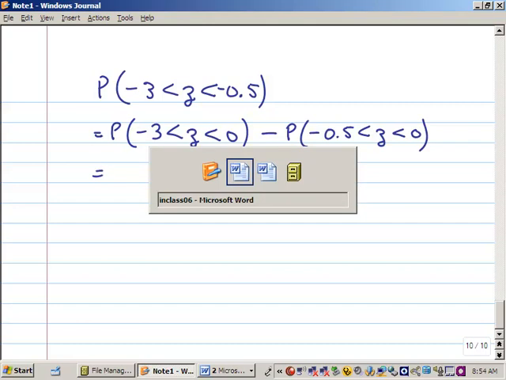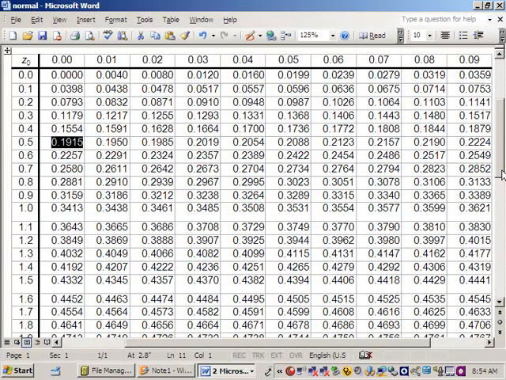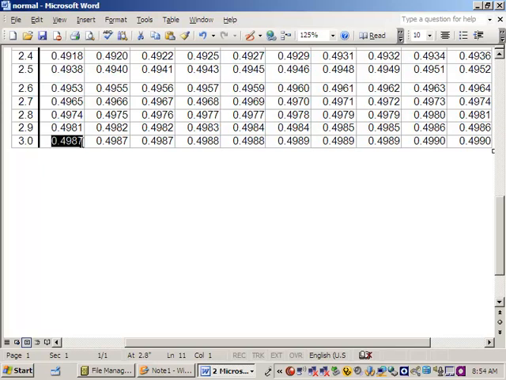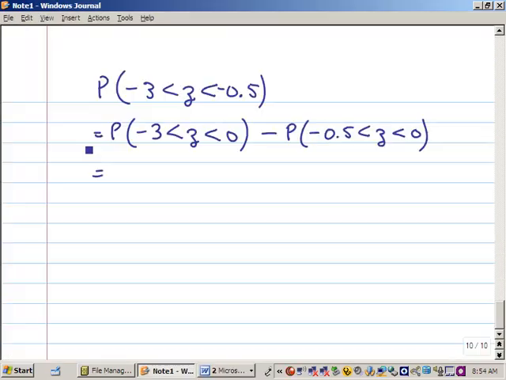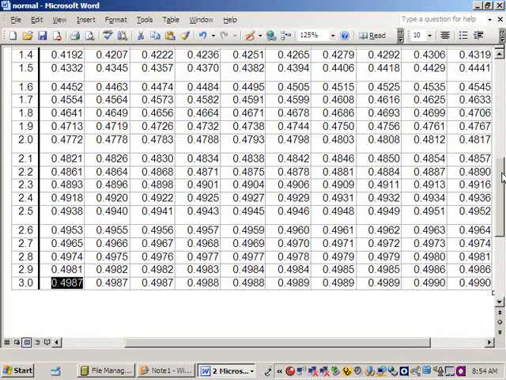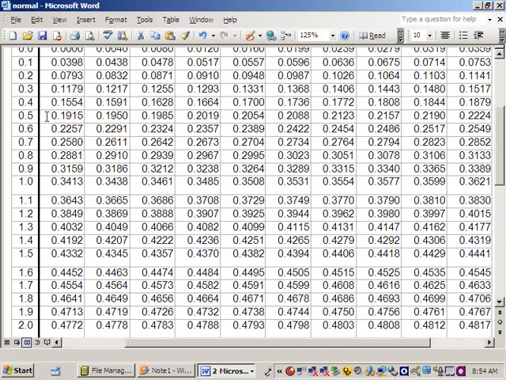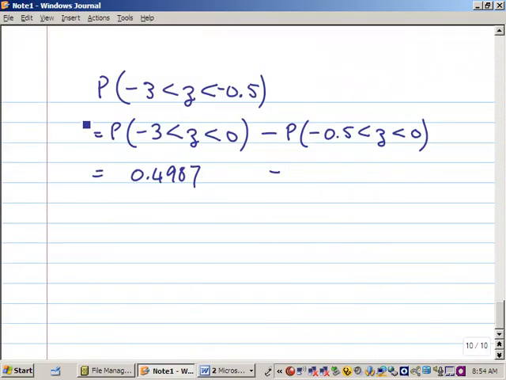Okay, and we've sort of looked at all these probabilities before. 0 to 3, 0.4987. And 0 to a half, 0.1915. And the probability works out to be 0.3072 if I've done it all correctly.